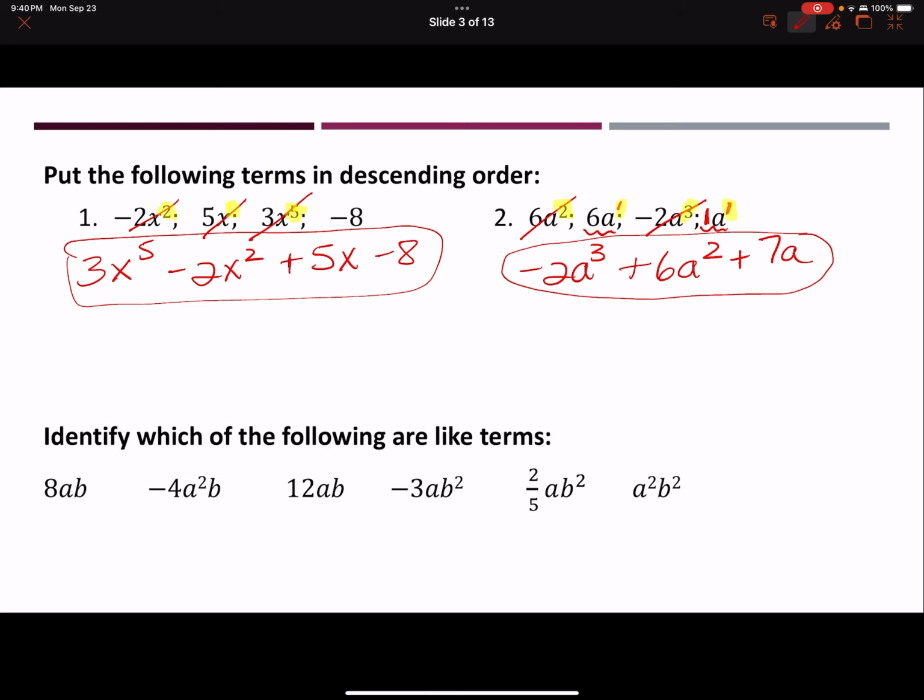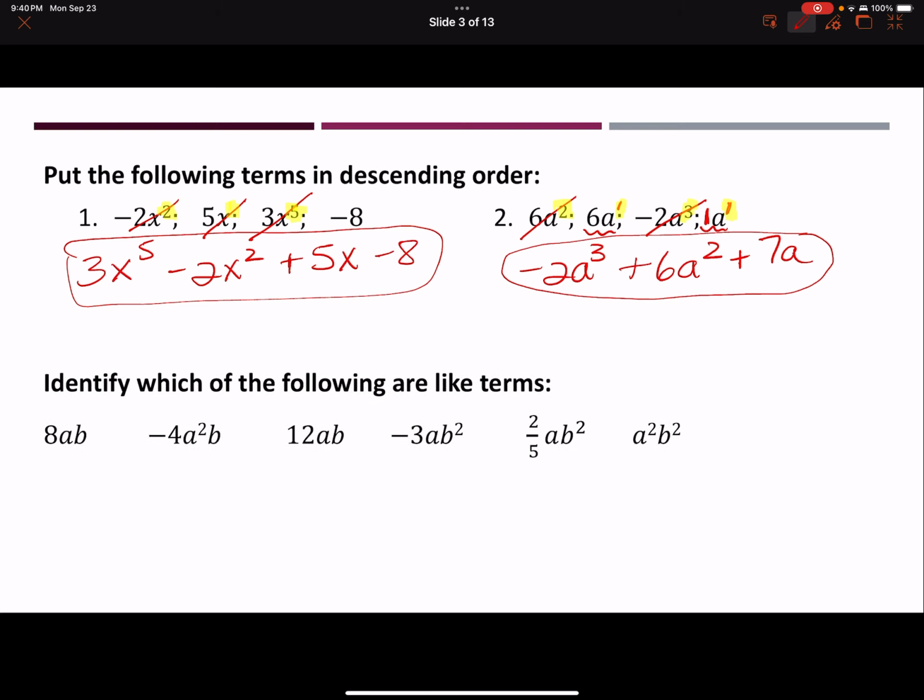All right, next part. Let's talk about which of these are like terms. So remember, like terms have the same variables and the same exponents. So my variables, I'm going to start with this first term, are a to the first power, b to the first power. In other words, there's like an invisible 1, right? If I go through, this one's like an a to the second.